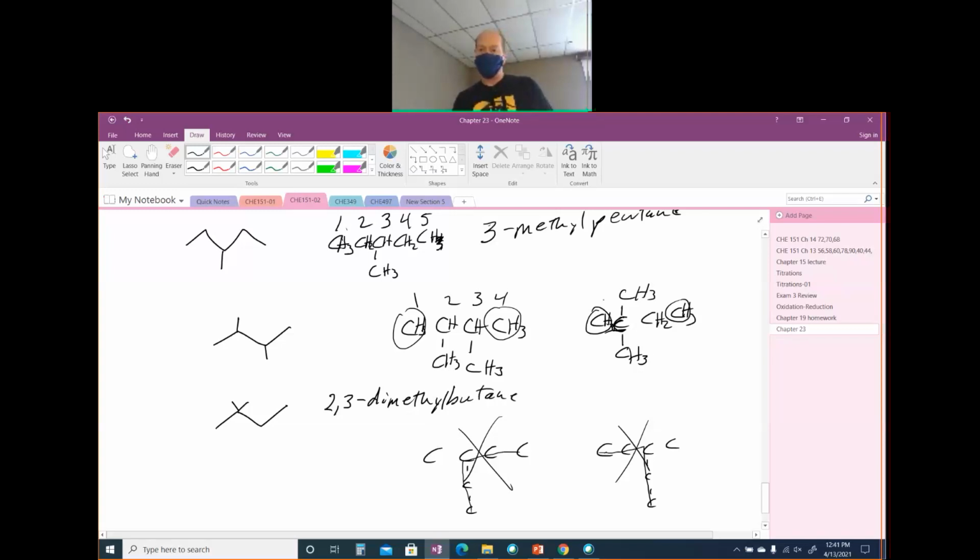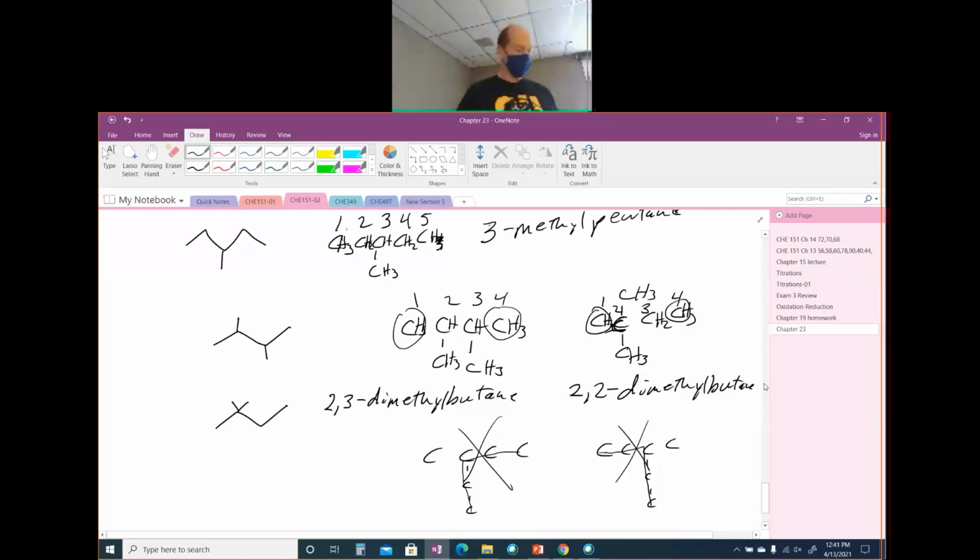And this one, 1, 2, 3, 4, you have to go that way. If you went the other way, it would be a 3,3-dimethyl. You have to give it the way that has the lowest numbers. And so this one is a 2,2-dimethyl butane.